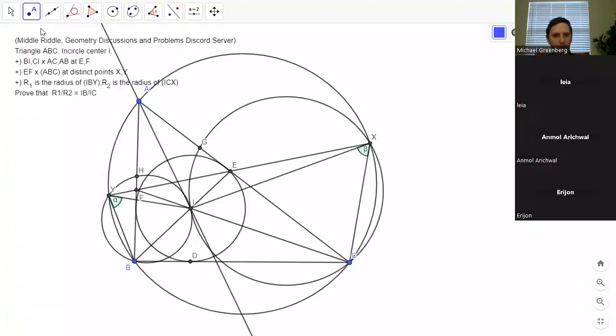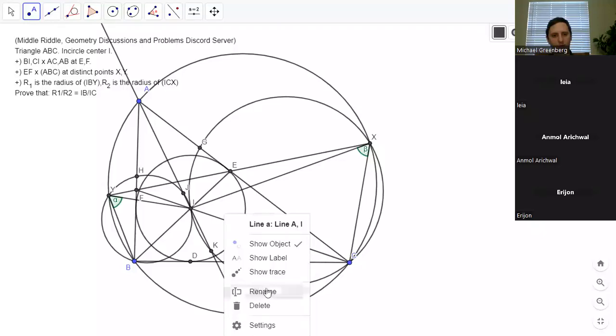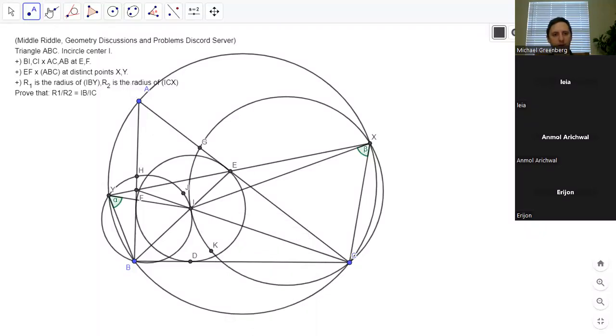So basically, if I could show AJ over AK is AB over AC, that would also solve the problem. I wonder if AJB and AKC are similar. I think they would have to be in that case, right? Yeah. So if we could show AJB is similar to AKC, then that solves it.